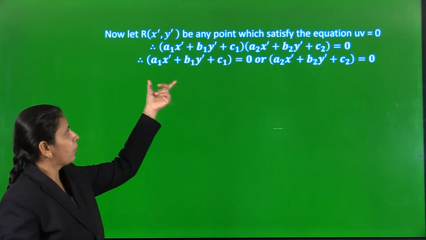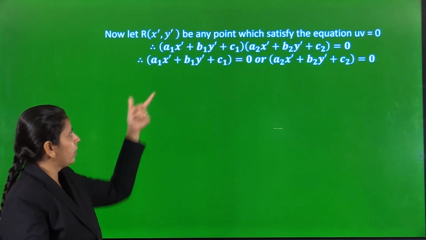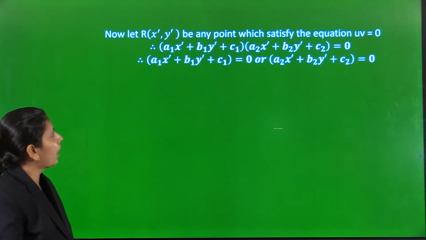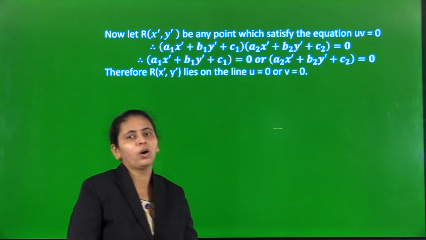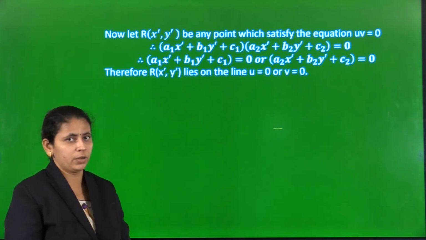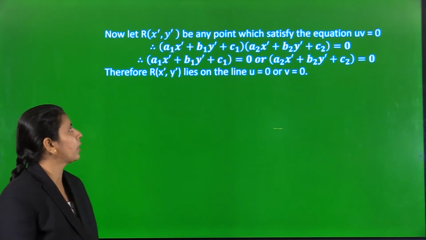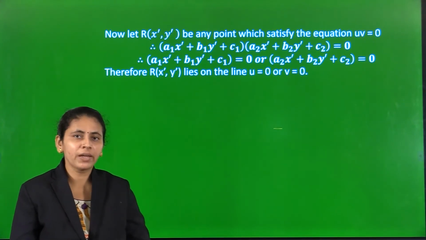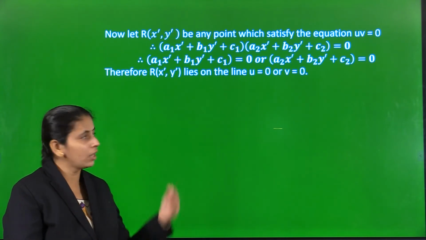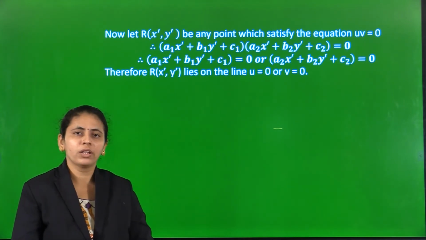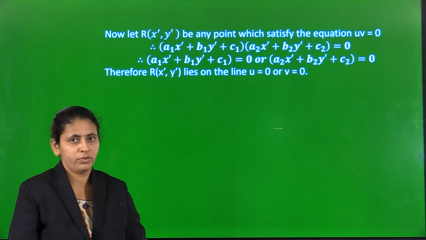Therefore this shows that point R satisfies the equation of line u = 0 or line v = 0, and therefore any point which satisfies the equation uv = 0 will lie either on the line u = 0 or the line v = 0.